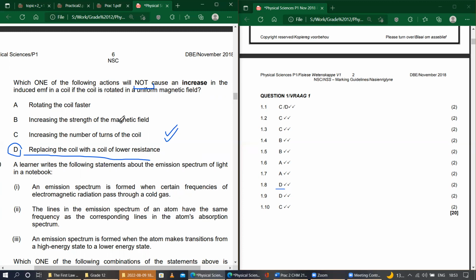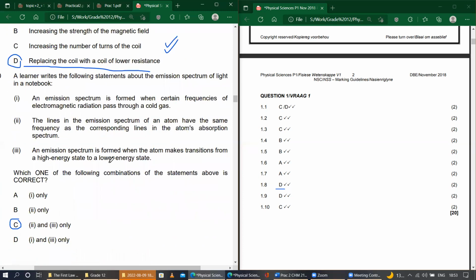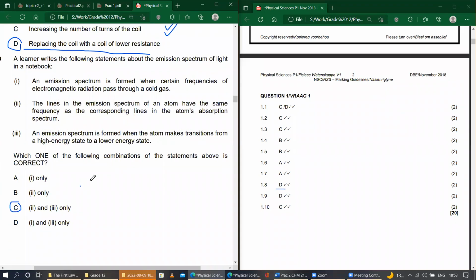The magnetic field does increase the EMF, making it stronger increases the EMF, and making the coil rotate faster does increase the EMF. And here also, you just got a perfect 20 out of 20 according to the memorandum.